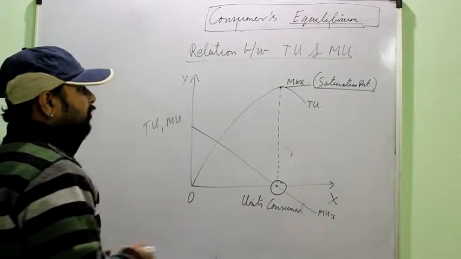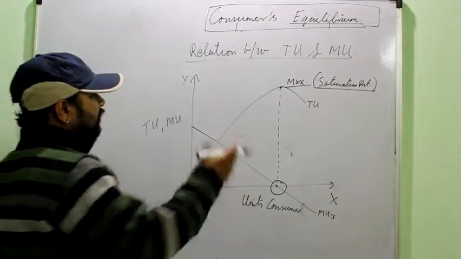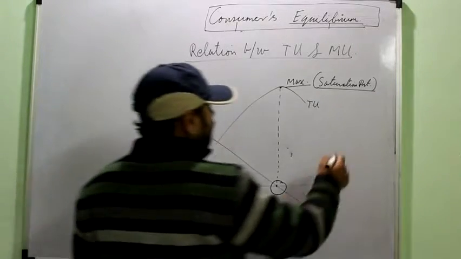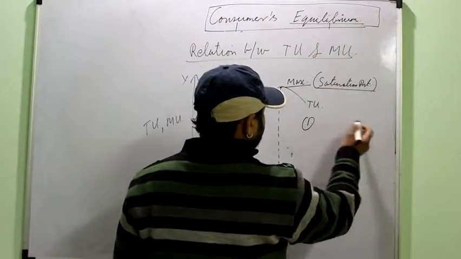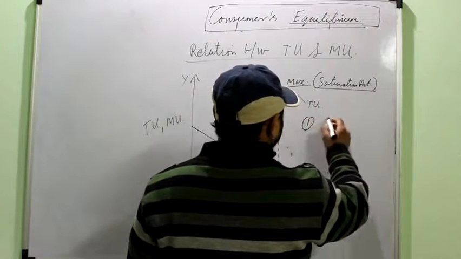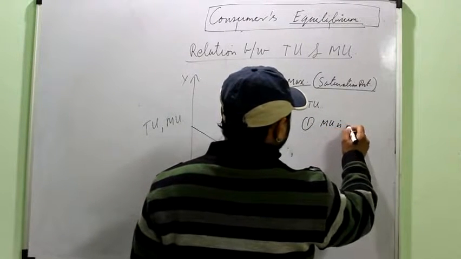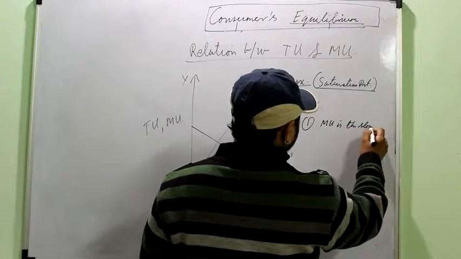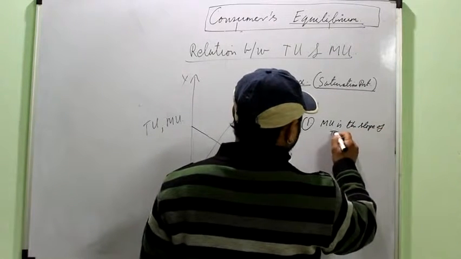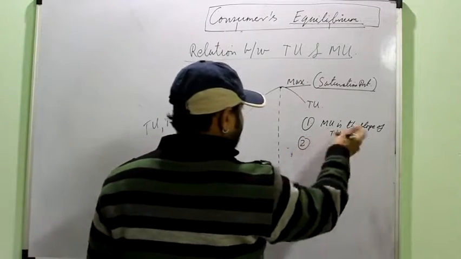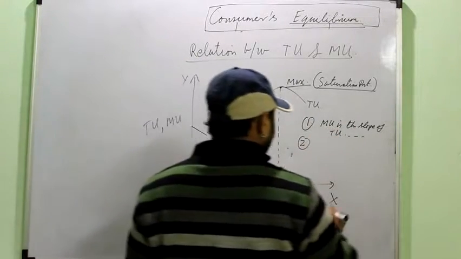Important things to note in this particular relation: if a question is asked what is the relation between TU and MU, this diagram you have to represent, and you have to mention that both TU and MU are related to one another. The first point could be that MU is the slope of TU at every point, because it is the rate at which TU is changing, already discussed.